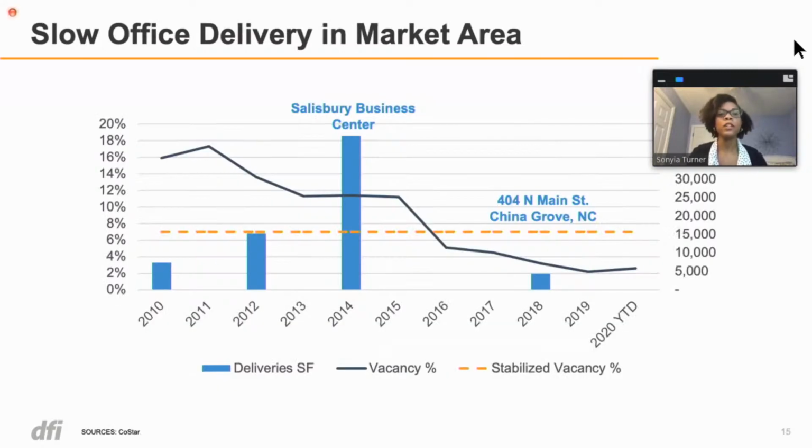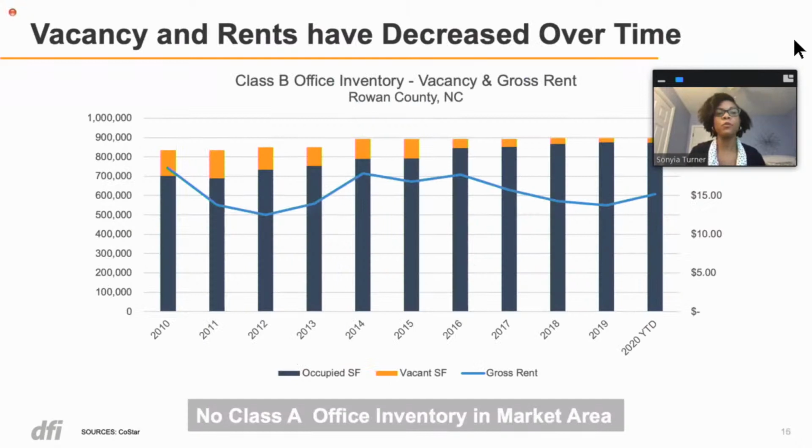When we look at the trends over the past decade, we find that there's been slow new office delivery in Rowan County. There was considerable activity in 2014, but since then there hasn't really been any new significant office delivery. Additionally, what we found is that vacancy and rents have decreased over time.